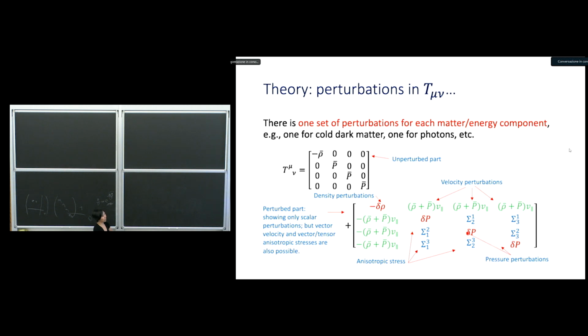You have pressure perturbations as well in the diagonal. And then you could have velocity perturbations that enter here in the green. And in addition, you could have these off-diagonal terms in the space-space part of the stress energy tensor that correspond to anisotropic stress. That's roughly what they look like.